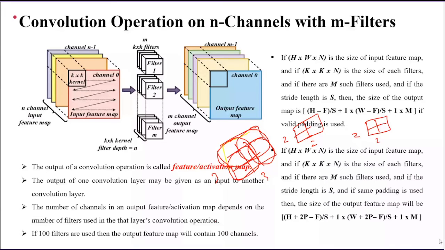In general, we have a formula to calculate the size of the output feature map.